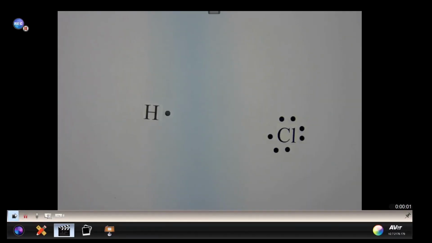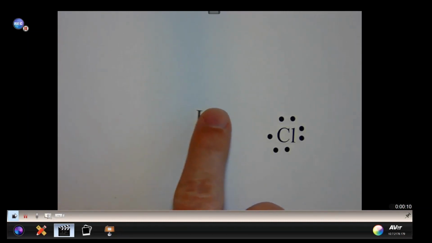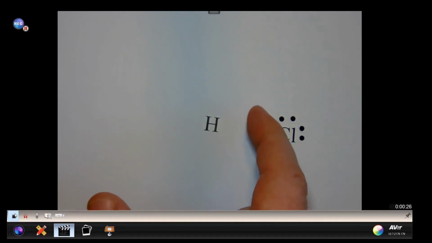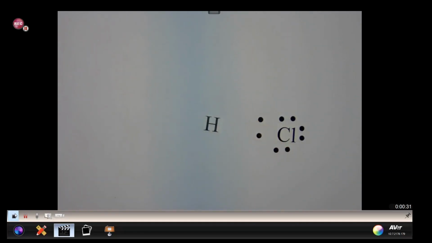Now that we know that hydrogen and chlorine are going to form a polar covalent bond, let's model what that looks like in terms of the actual bond. We see that hydrogen and chlorine are truly bonded together, but because chlorine is more electronegative than the hydrogen, hydrogen's electron will still spend more time closer to chlorine as compared to hydrogen.